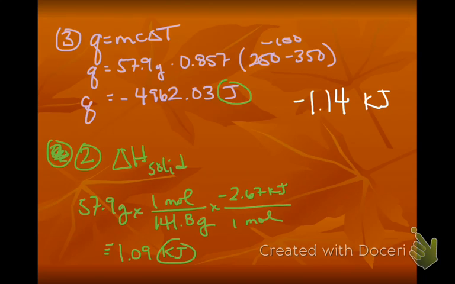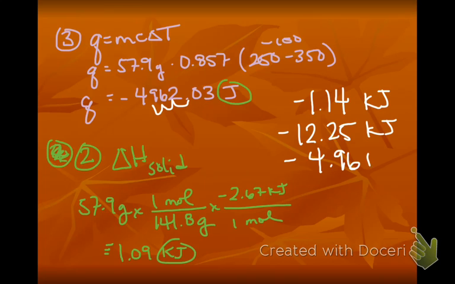And then we had a negative 12.25 for step 4. And then step 3 here, I'm going to again divide by 1,000 here. So we've got 4.96. And then here in our last step, 1.09.